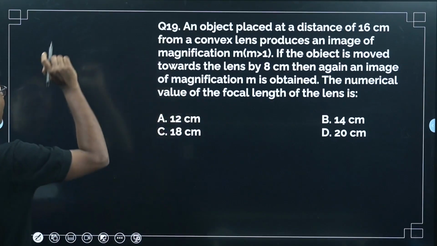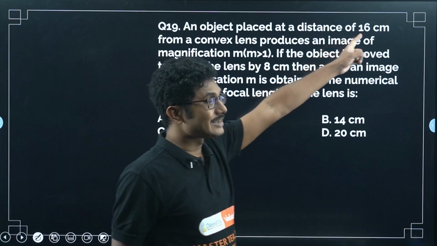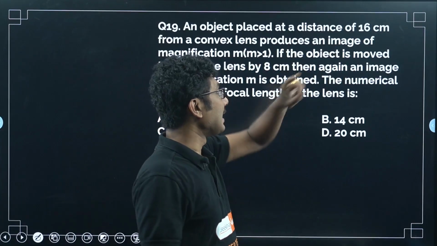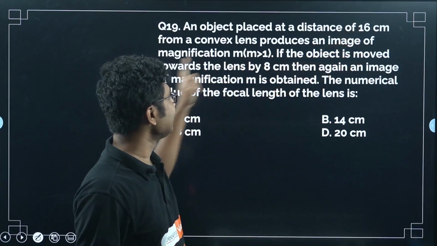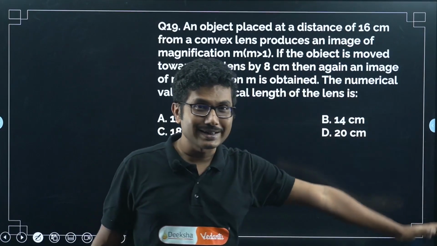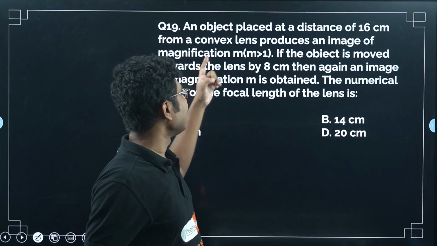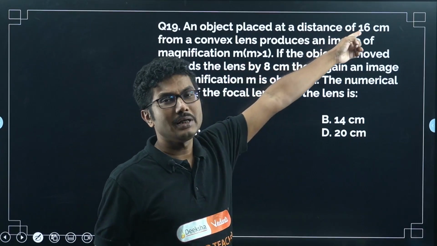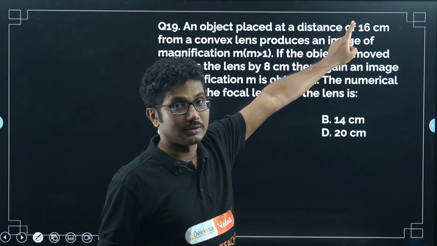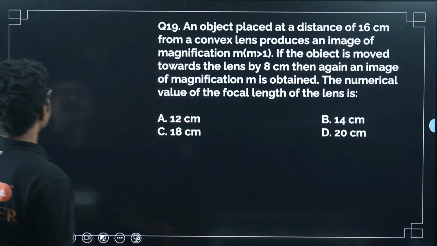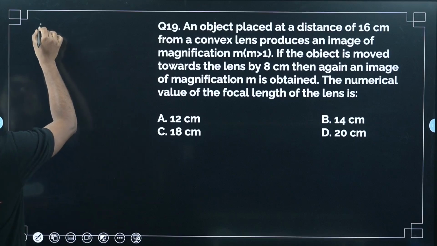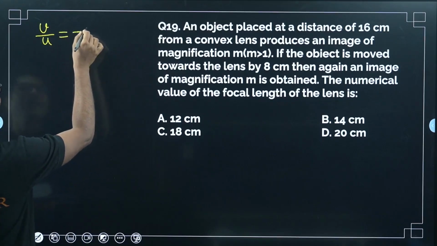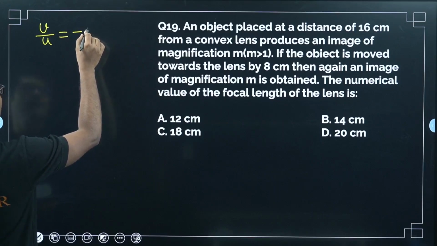First case, when the object is at 16 centimeter, you are getting a magnification m. And the second case, when you are moving it towards the lens, that means this one will be a virtual image, and the first one will be a real image. So for real image we can write that v by u equals minus m.